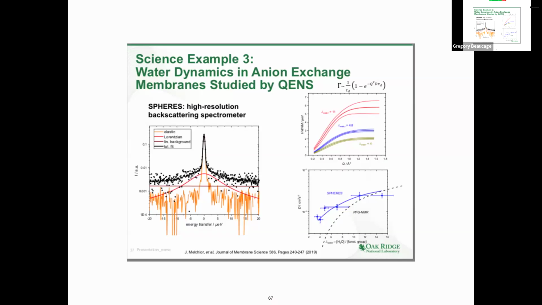If you look up QENS and polymers, restricting it down, there are like 30 or 40 papers. So that's not a huge number, like 1,000 papers, but it's a lot more than XPCS.